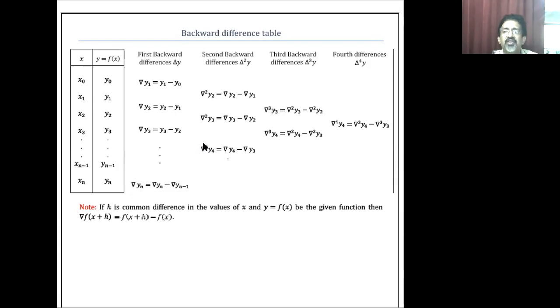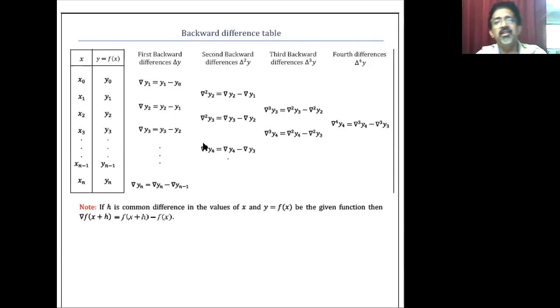It is just the reverse of the case of forward difference. In case of forward difference, it was top to bottom: if you go along the top to bottom diagonal, you get the values of y0 of different orders. In case of backward differences, the bottom to top diagonal gives the same value, maybe the orders are different.